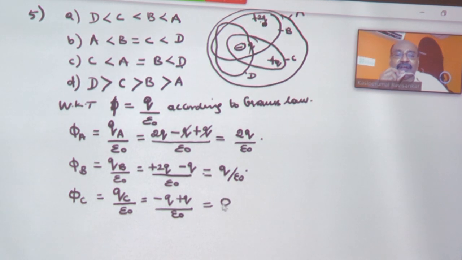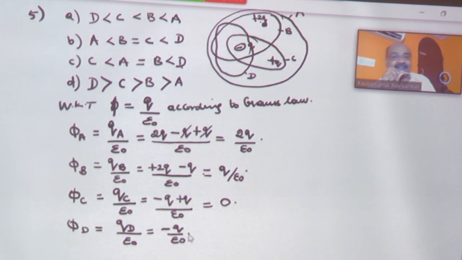So the total flux in surface C is 0. Similarly, you calculate the flux at D. Flux at D is the total charge enclosed by the surface D divided by epsilon 0. Surface D encloses only the charge minus q, so it is minus q by epsilon 0.